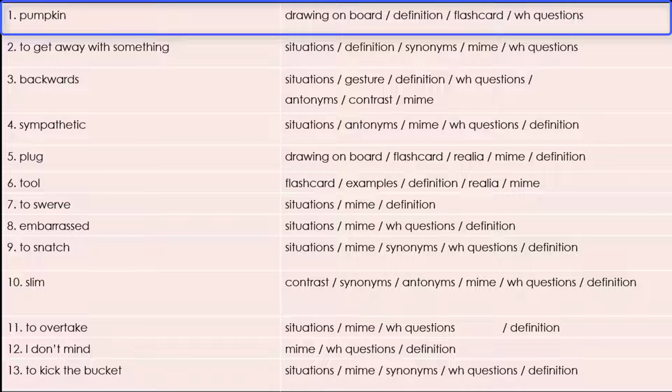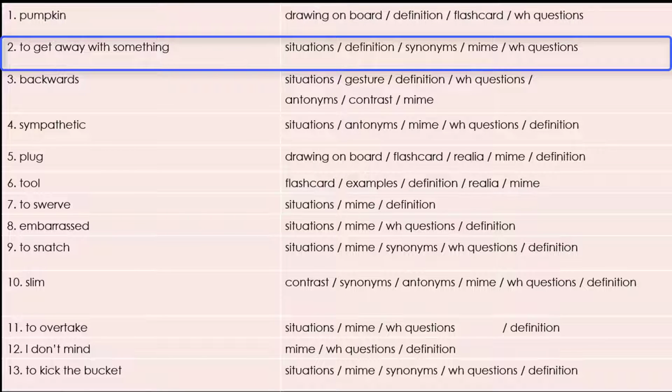It's a kind of vegetable, if you like, or is it a fruit? Or use a flashcard with the picture and the words, of course, or WH questions like, when do we eat pumpkins, what time of the year is important for pumpkins, and so on.